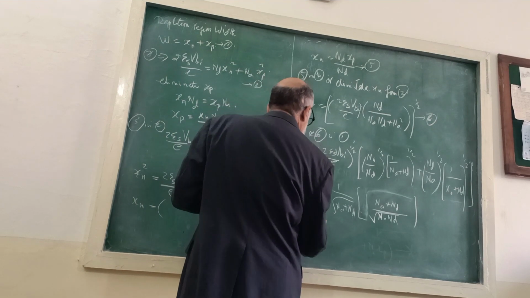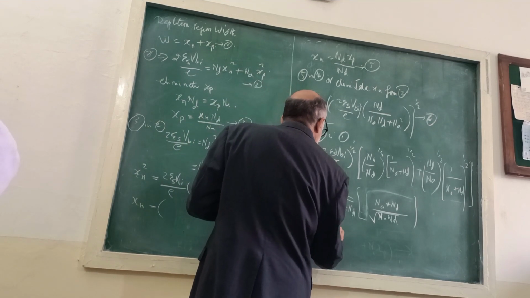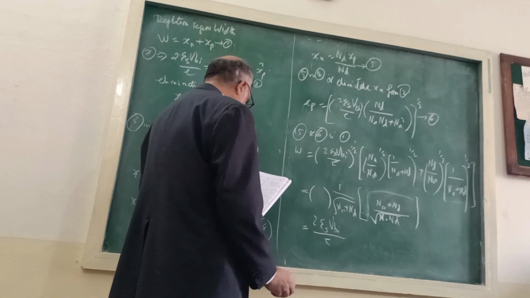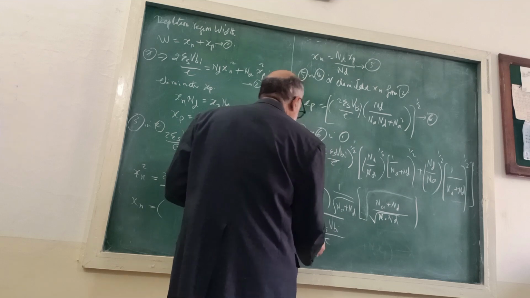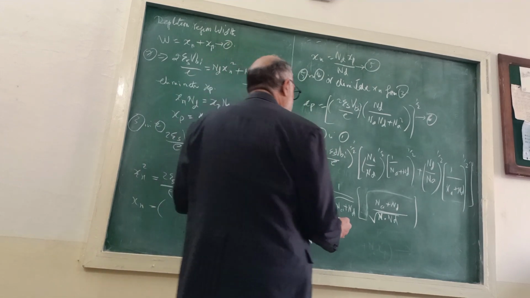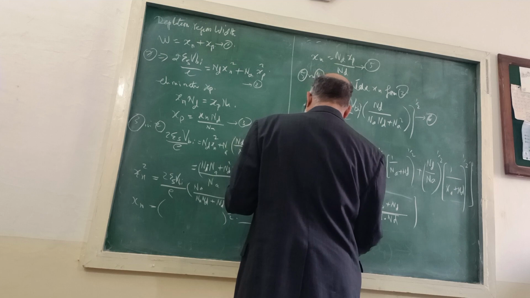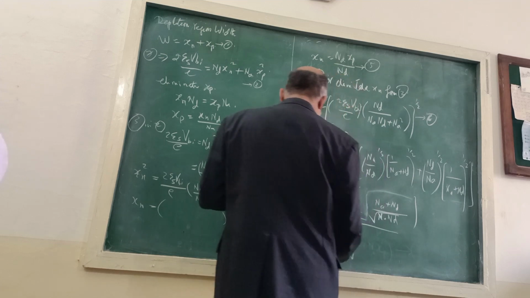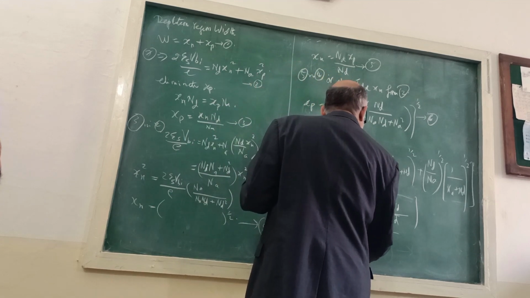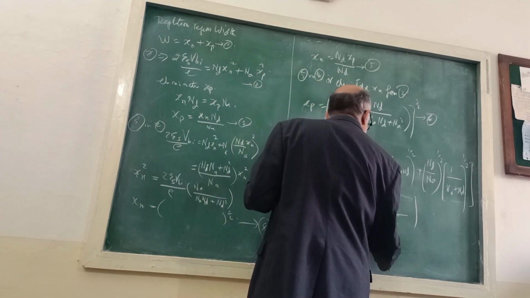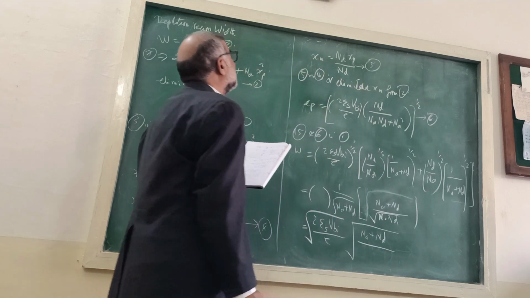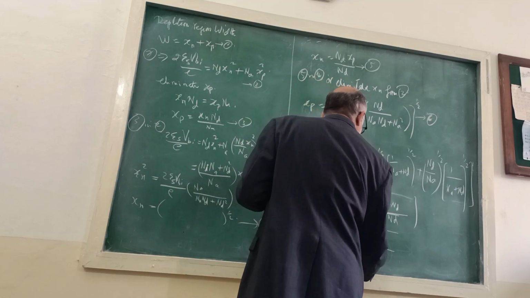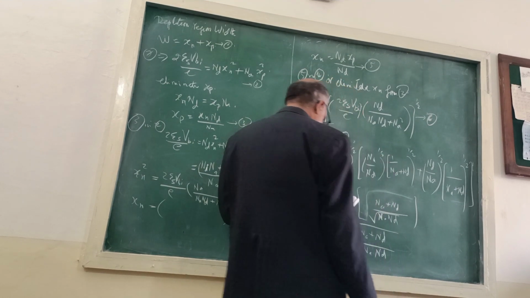So that will be 2 epsilon s V_bi over E, square root, and that is to the power one half, times N_A plus N_D over N_A N_D.